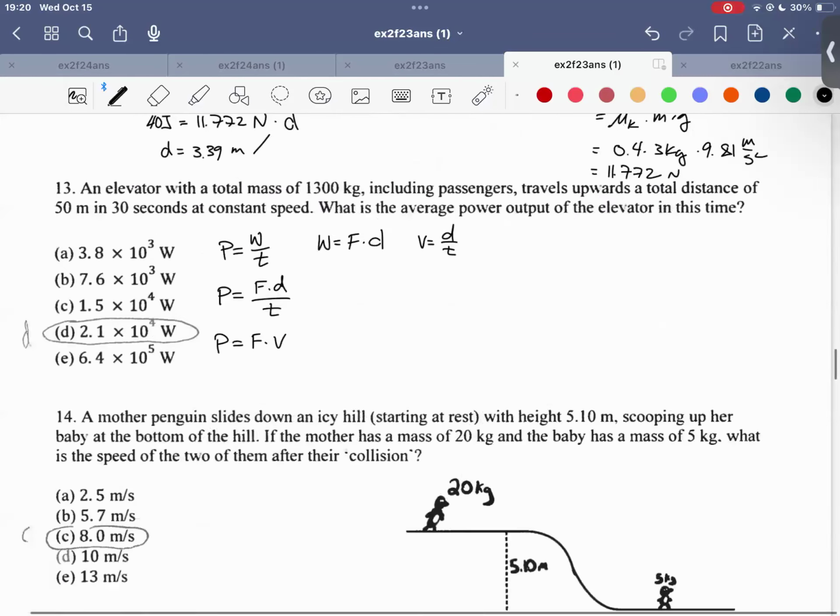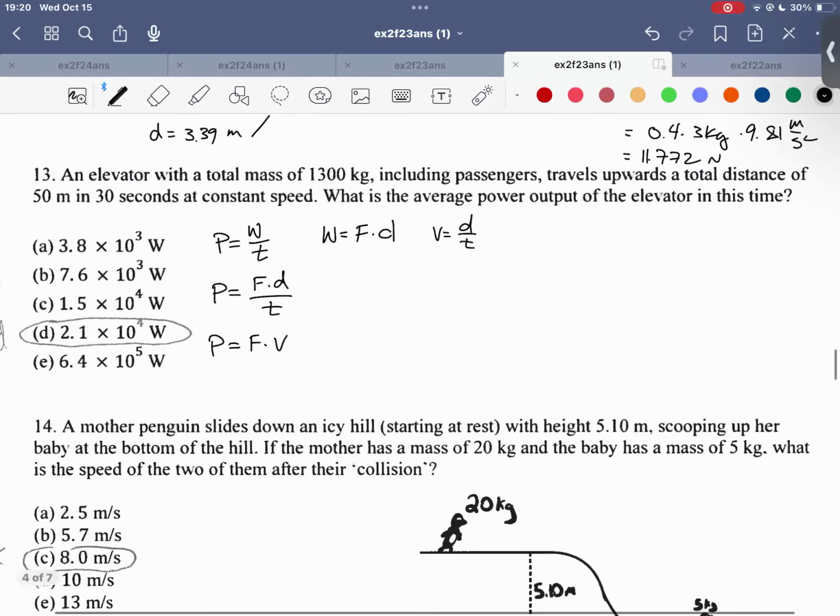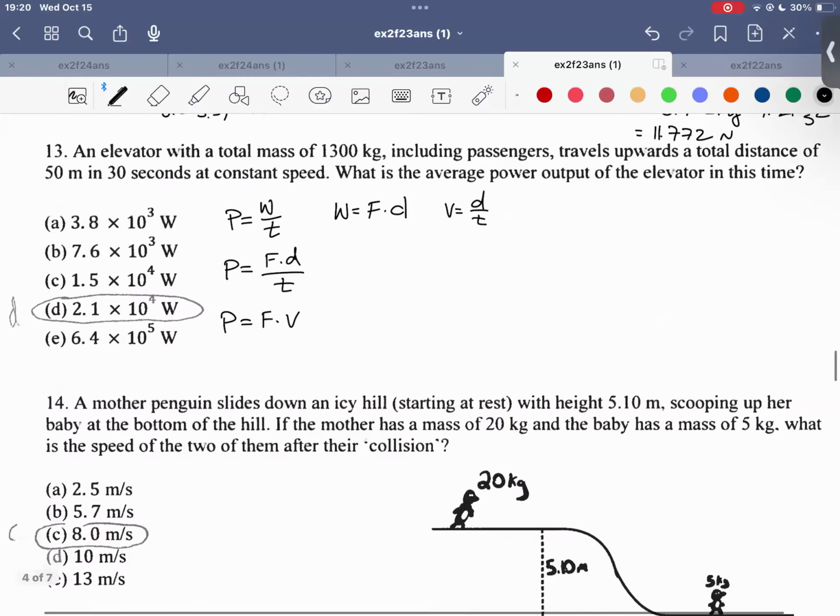And so this question's kind of interesting because you look at it and you're like, okay, well, the velocity is obviously this, right? 50 meters over 30 seconds. So just solving this, distance 50 meters over 30 seconds, velocity is equal to 5 over 3 meters per second. That's pretty simple, right? But then you ask yourself what the force is, and that's a little bit more confusing.